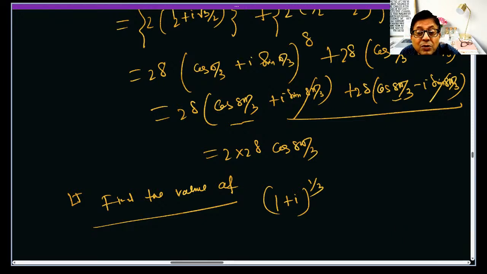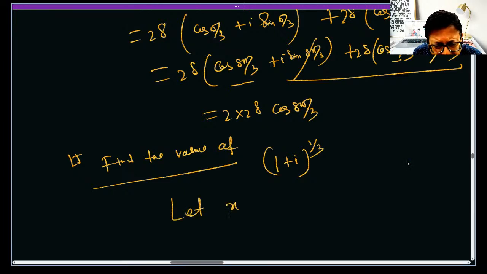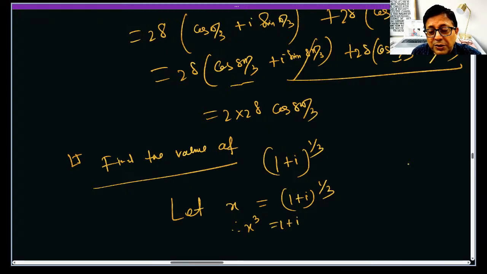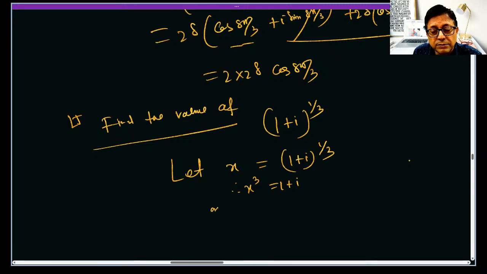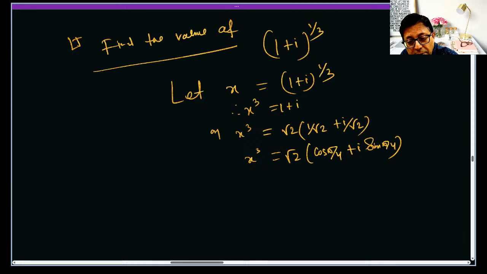This is finding the root, which means we'll find the cube root of 1 plus I. So you put x equal to, so x cube is 1 plus I. This is what? Root 2 into cos pi by 4 plus I sin pi by 4. Okay.